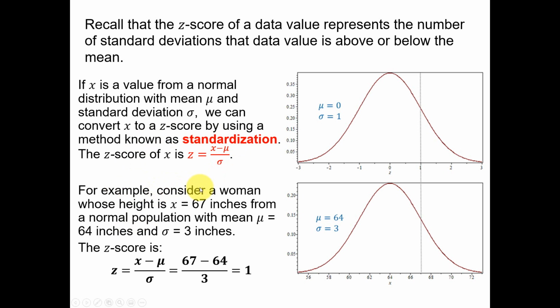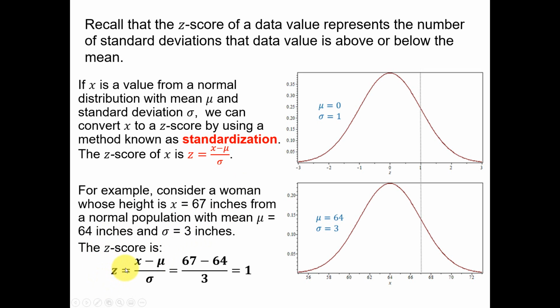So if we wanted to figure out how many standard deviations a woman who was 67 inches from the population is, well, we know that their mean was about 64 inches and their standard deviation is 3.